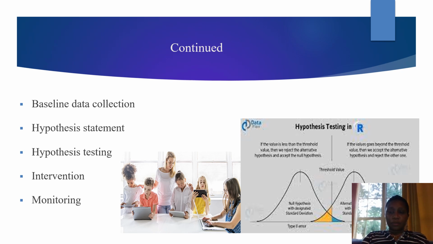The other component is the intervention, in which the multidisciplinary team will develop interventions to try to curb the occurrence of the problem behavior or the target behavior. Lastly, the intervention behavior is monitored to ensure its effectiveness.